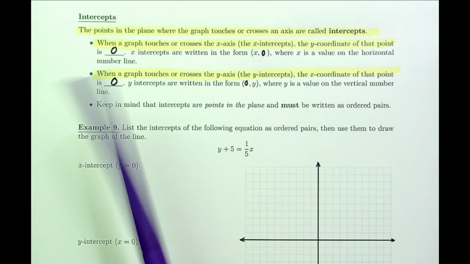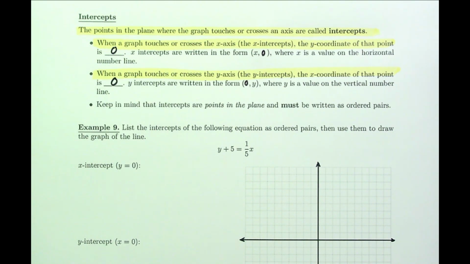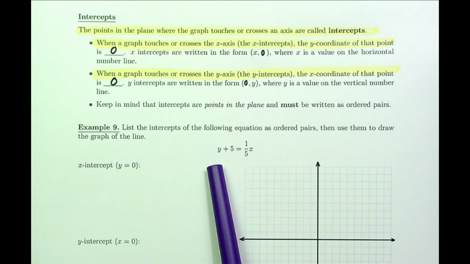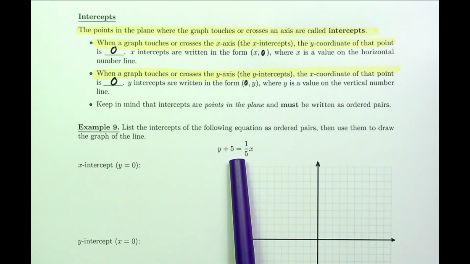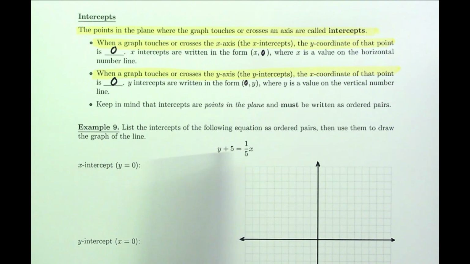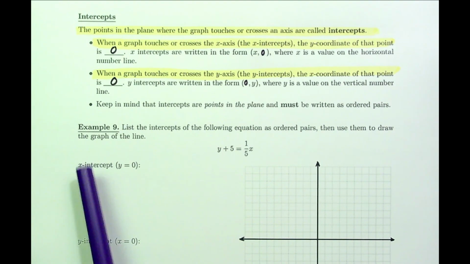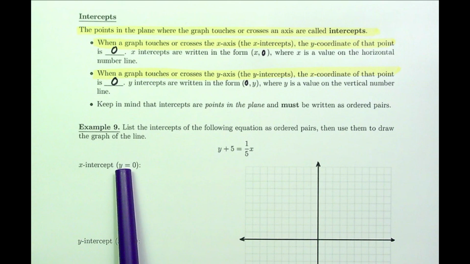Okay, so when we find the x-intercept and the y-intercept, these 2 points are very useful for drawing a line. So suppose I want to graph this equation, which is the equation of a line. Let's find the intercepts and use those 2 points to draw the line. The x-intercept is going to have y-coordinate equal to 0.